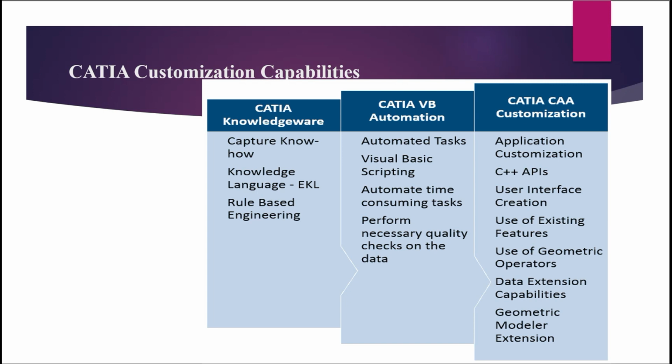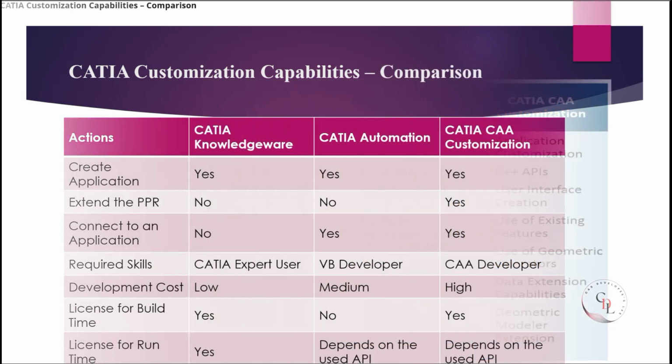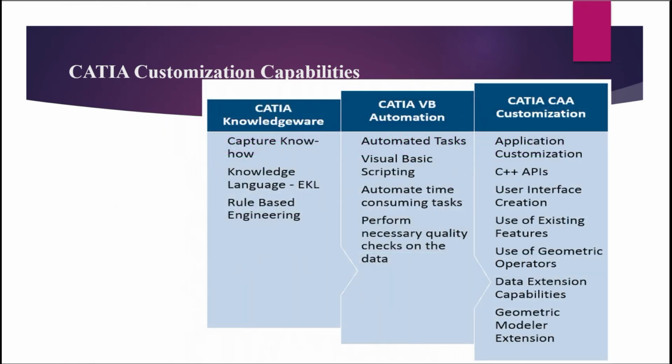Okay, here are some differences for CATIA knowledgeware, CATIA VB automation, and CATIA CAA customization. In knowledgeware, captured know-how, knowledge language, example EKL, rule based engineering.